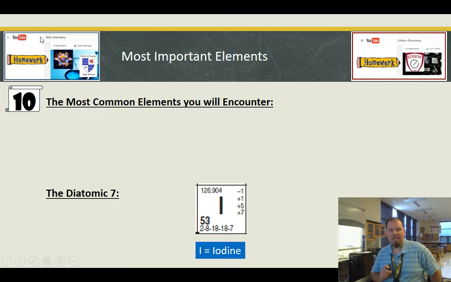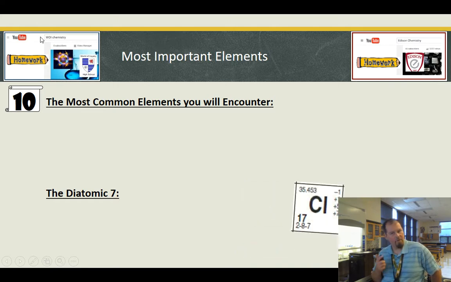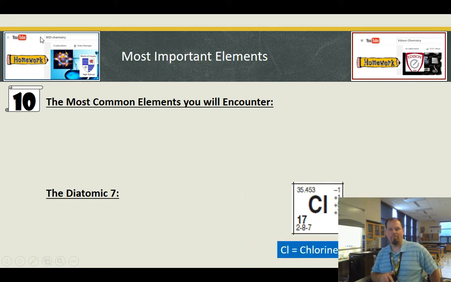This is iodine, and this is the capital I. So the font that New York State uses on the reference table, that is a capital I. Keep that in mind. I'm going to show you in 2 elements how that gets confusing. N, nitrogen, very common element in bulk of our air. And here's where the real problem comes in. This element is Cl, chlorine.